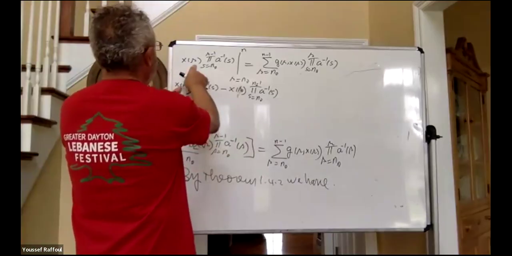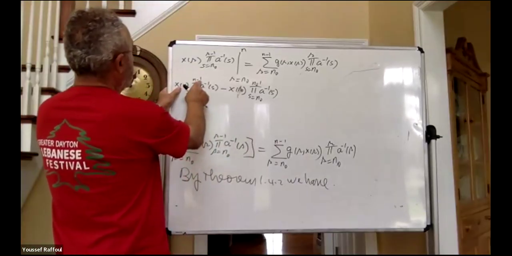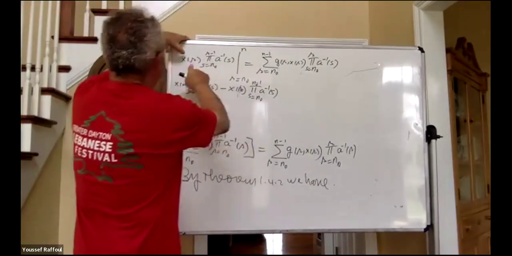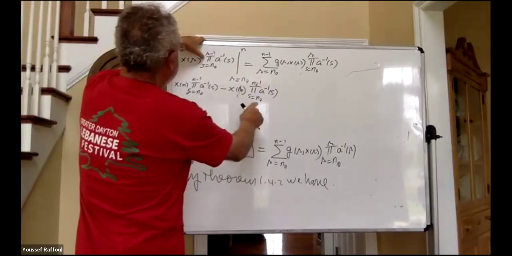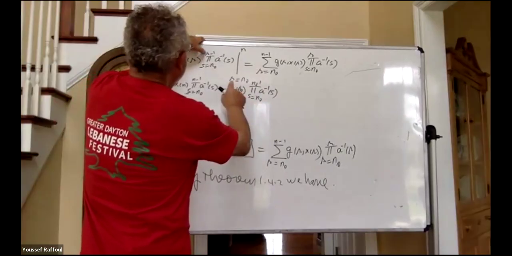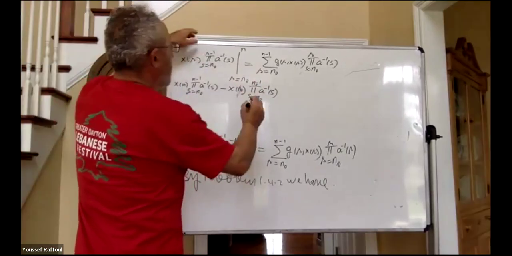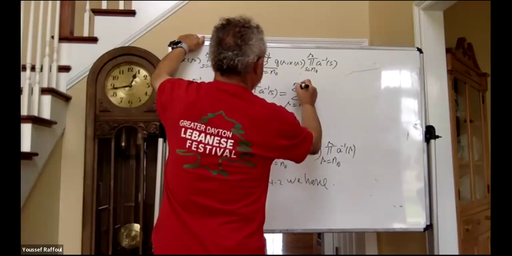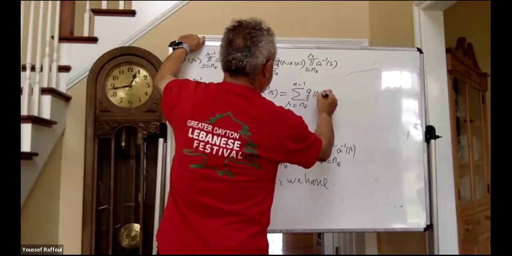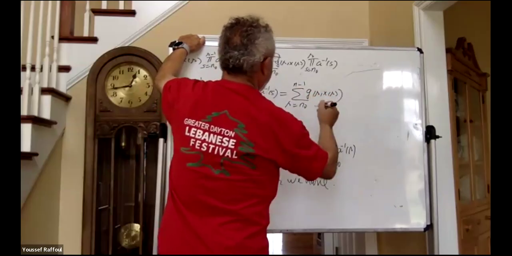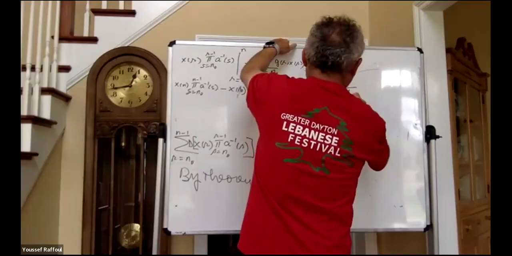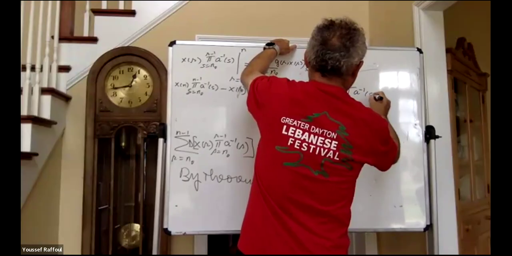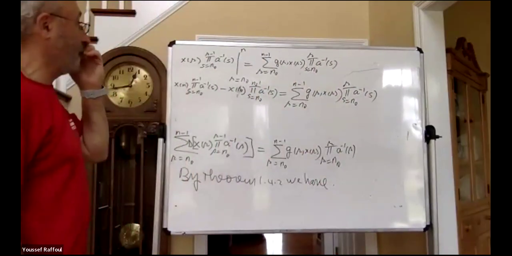When I put n in, I got xn, the product s equal n naught to n minus 1 of a inverse of s, minus xn naught, the product s equal n naught to n naught minus 1 of a inverse of s, and the other one stays the same: the product of s equal n naught to r of a inverse of s.